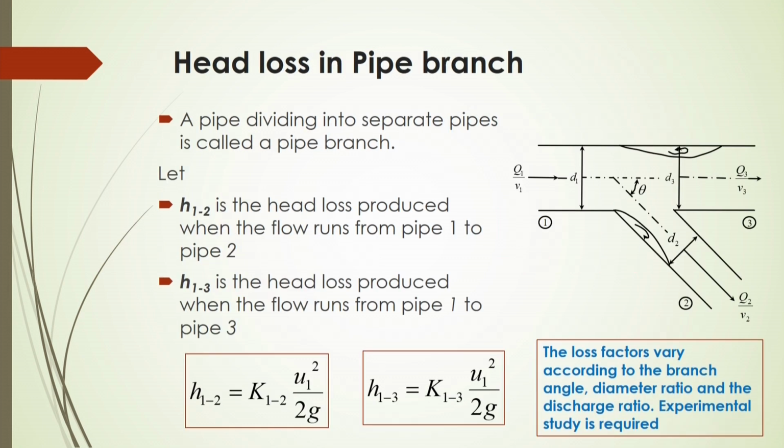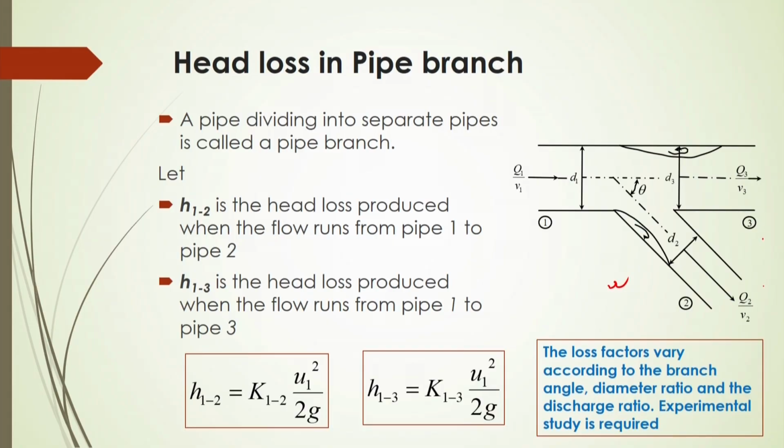Now, if we consider a pipe branch in which the pipe divides into two parts as shown in the figure, let H12 be the head loss produced when the flow runs from pipe 1 to pipe 2, and H13 the head loss produced when the flow runs from pipe 1 to pipe 3.